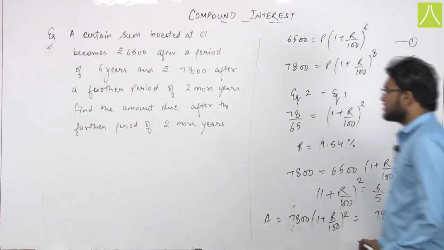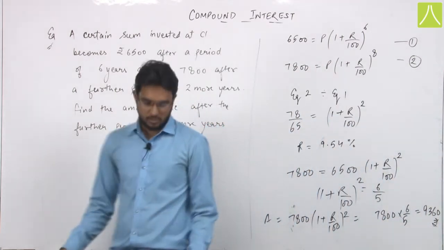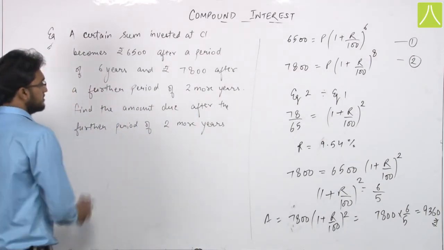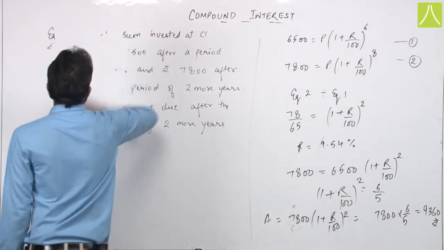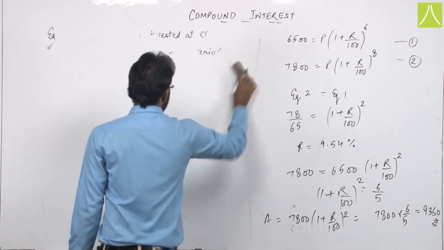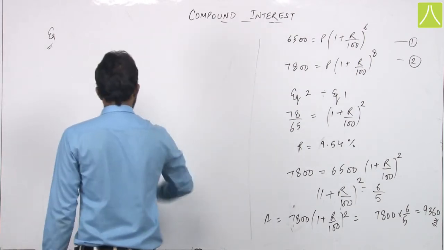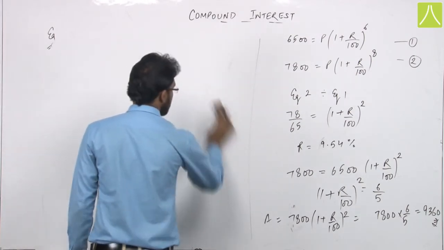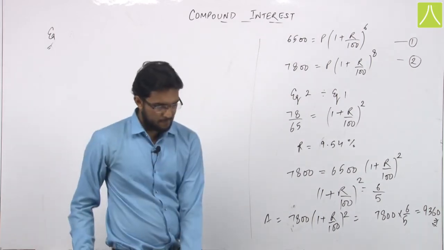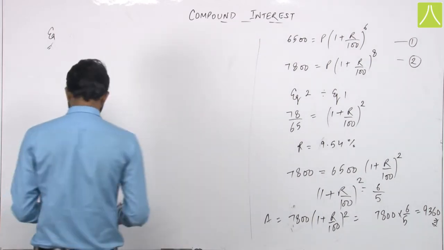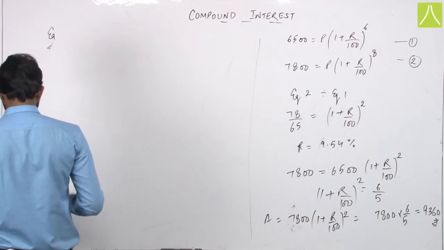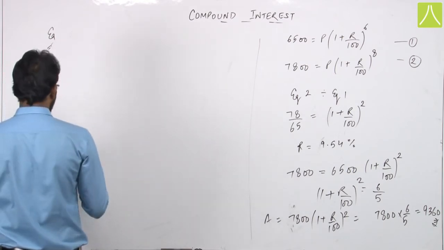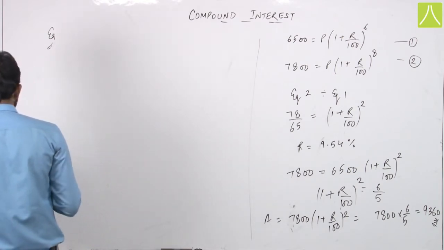Hence the amount for the further period of 2 more years will be 9360 only. This previous question has already come in Aryabhata 2009.